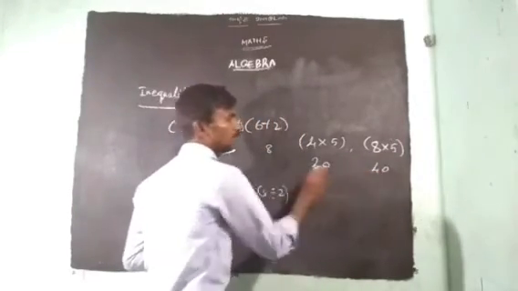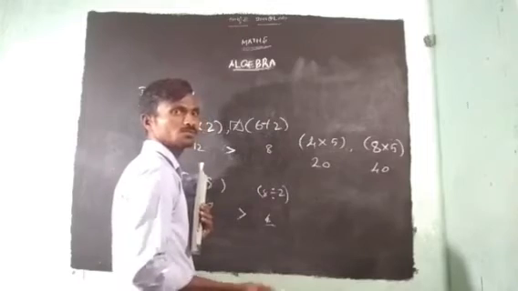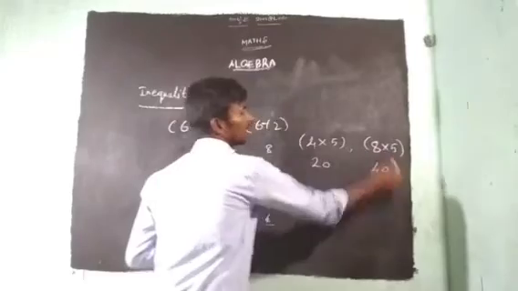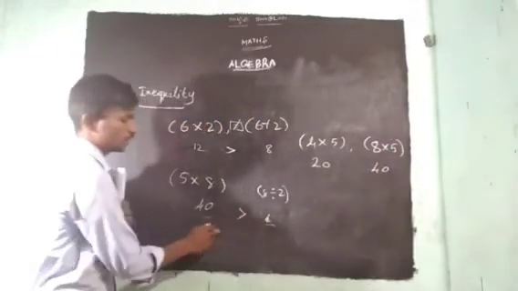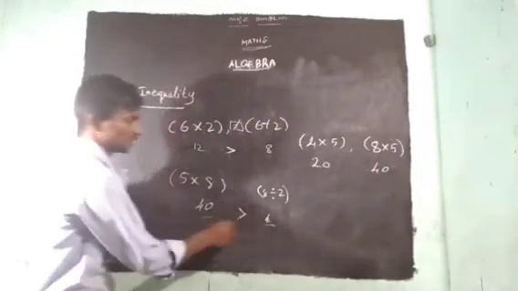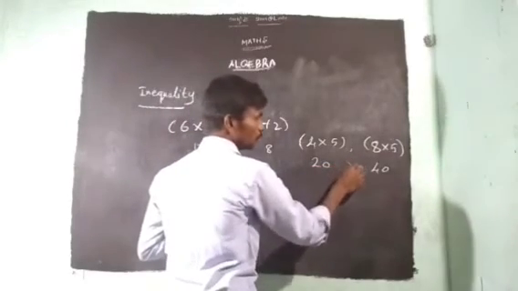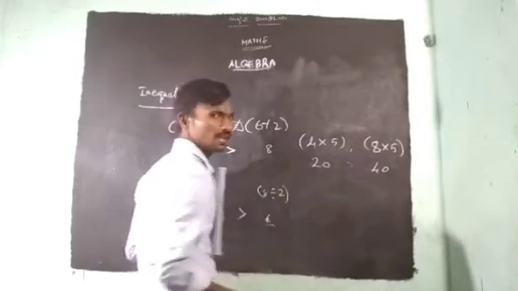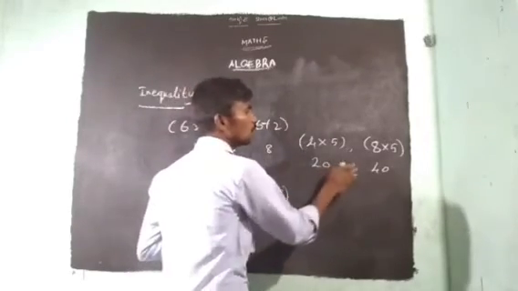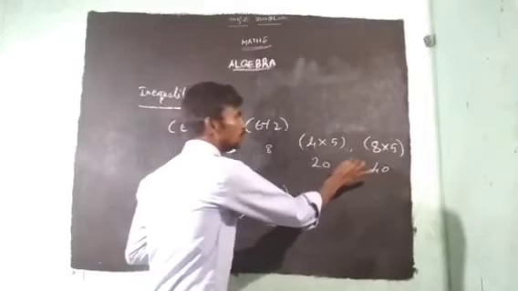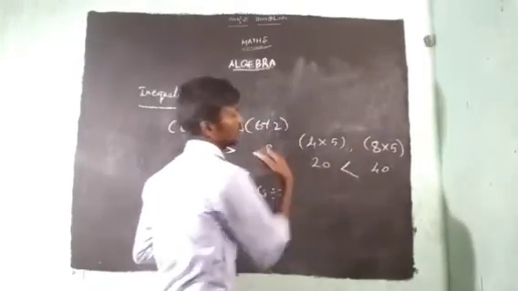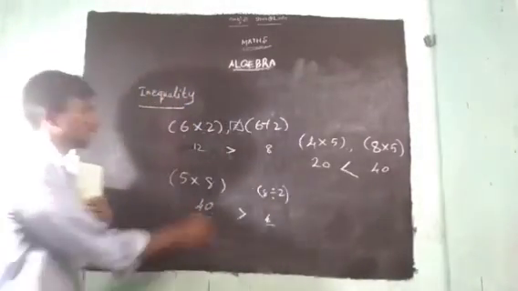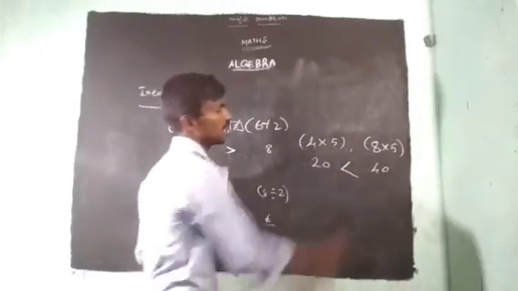So how will you relate both the things? It is the smaller, it is the higher. If you put the symbol like this, it is wrong because 40 is greater, 20 is lesser. So what we need to do is put the lesser than: 20 is lesser than 40. This is the greater than symbol. This is the lesser than symbol.